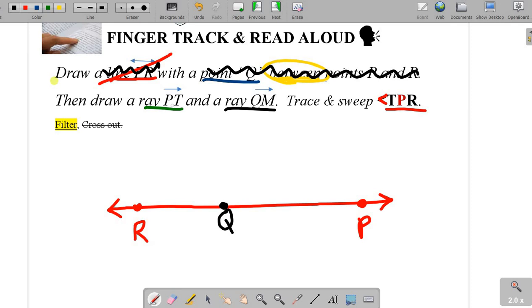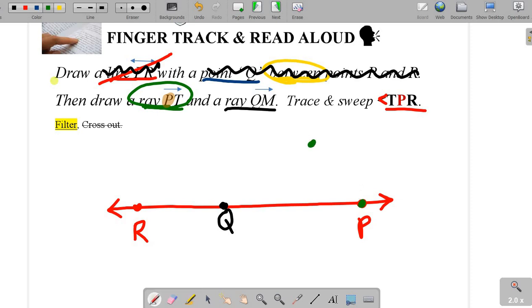Next, we're going to draw a ray PT. Now, whoa, wait a minute. I got a P here, but where on earth did that T come from? Guess what? You're adding another point. Watch this notation. Notice P is first. That means P is an endpoint. So P is your endpoint.